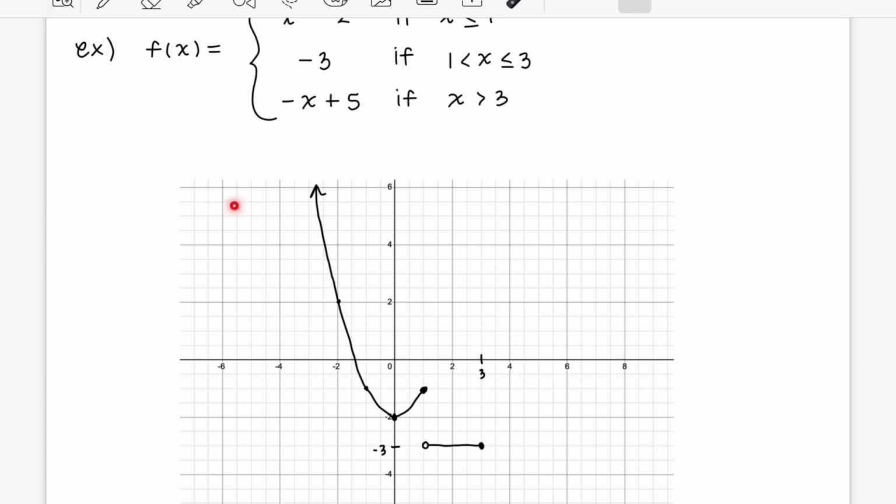So if I have y is equal to x through the origin like this, I'm going to look at values in this region. So I'll look at when x is greater than 3, so I'll look at this 4 here, when x is equal to 4, and this will be shifted up 5 units. So this is shifted up 4 units, and then shifted up 1 more, we'll get a point there.